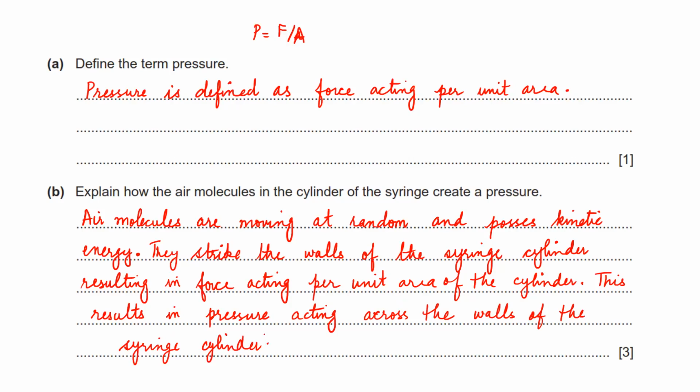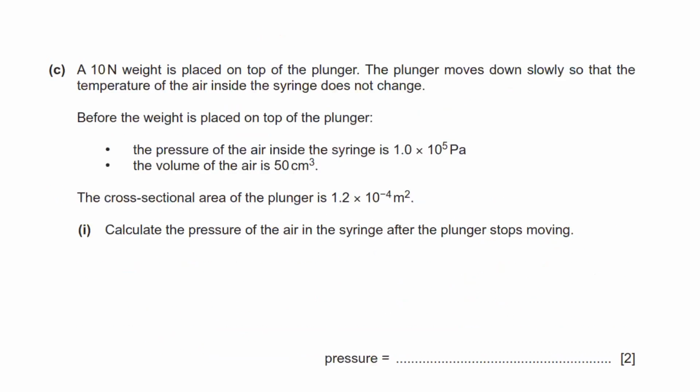Okay, so moving ahead, question number 3, part C, it says a 10 Newton weight is placed on top of the plunger. The plunger moves down so that the temperature of the air inside the syringe does not change.